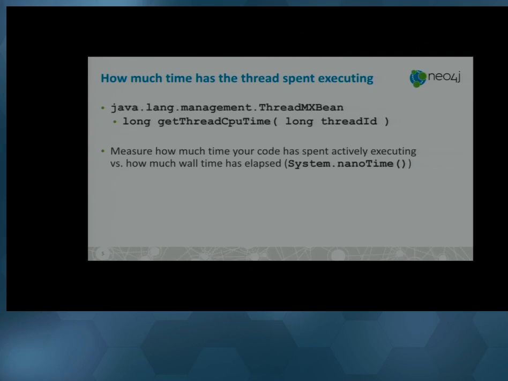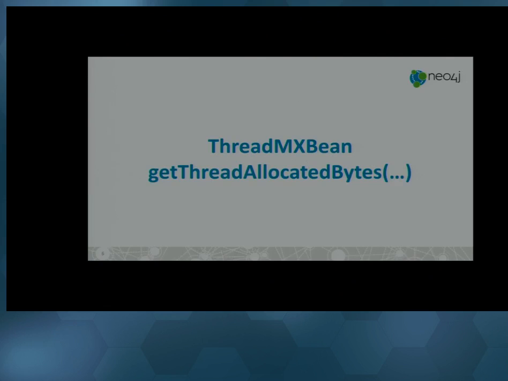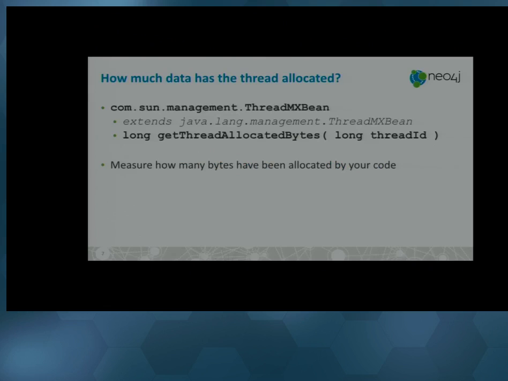This ThreadMXBean has a sibling or child or bastard hidden friend that's also called ThreadMXBean, but in a different package in com.sun.management. This is actually another interface that the same instance on HotSpot also implements. And here you've got another interesting method for getting the allocated bytes by a thread.